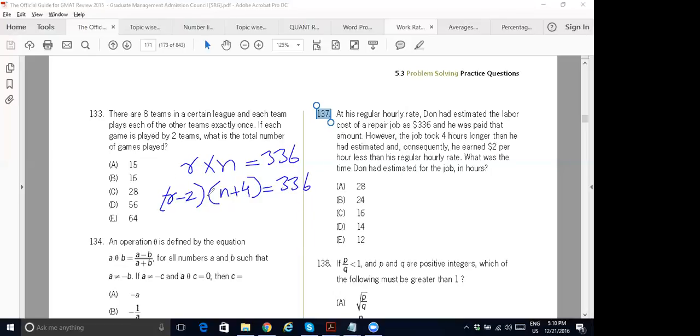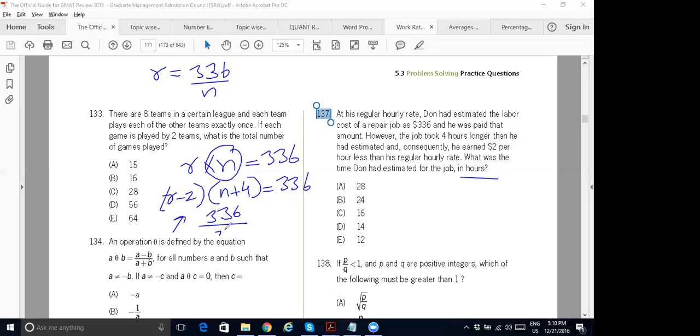If you put R into N by opening the brackets and the term R into N, you put 336, you will still have R as well as N in the same equation. It will not eliminate. Now since you have to find the number of hours, N, put the value of R as 336 over N in the second equation.